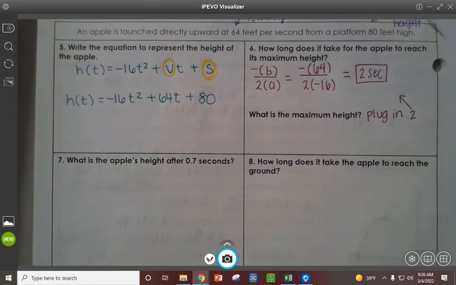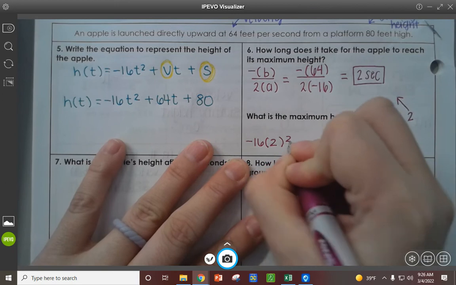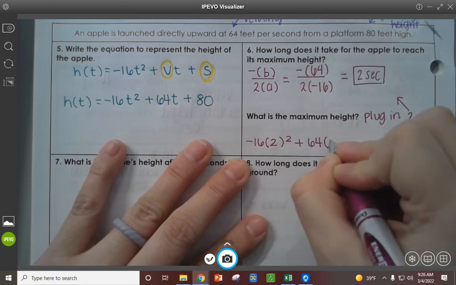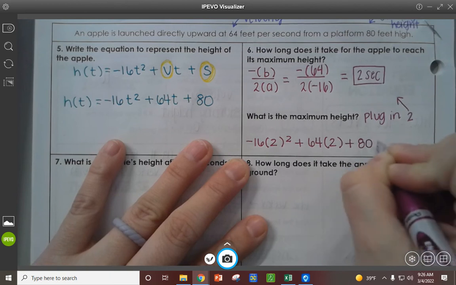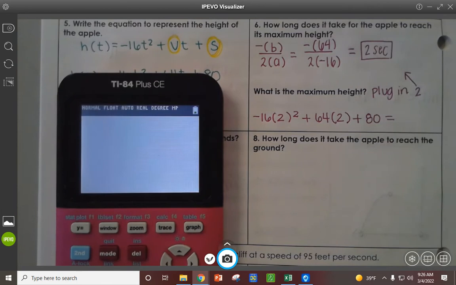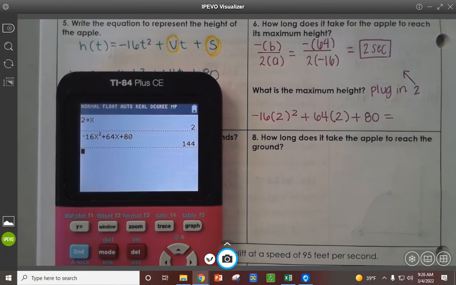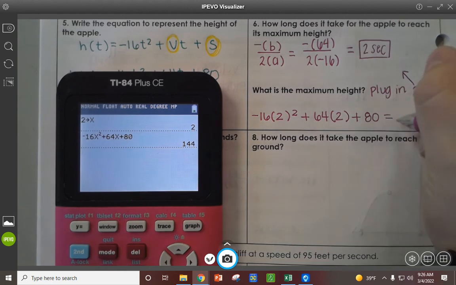We're plugging in 2 because we know that's when we're at the maximum height. And you should get 144 feet.